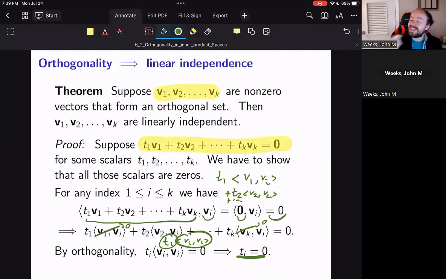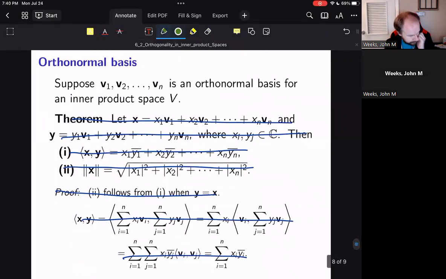Since we can do this for any vector vi and let i range from 1 to k, we get that t1, t2, tk and all of the elements in between all equal 0. Because of that, we have that this is indeed the trivial equation here. So this shows that orthogonal vectors, whenever they're plugged into the linear independence relationship, are indeed linearly independent. The only solution here is the trivial one.